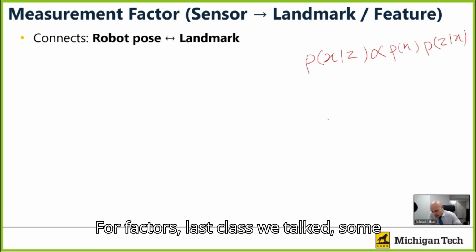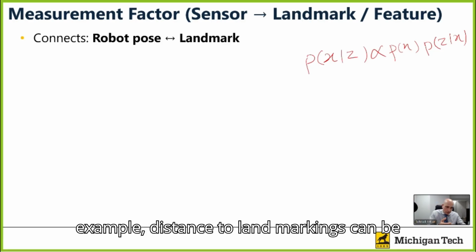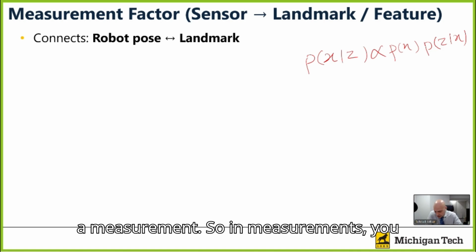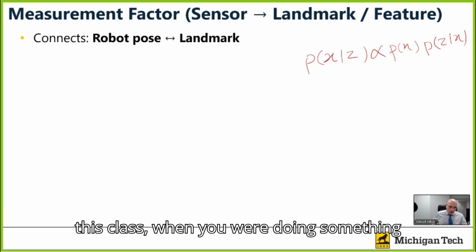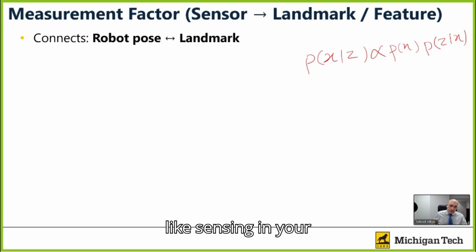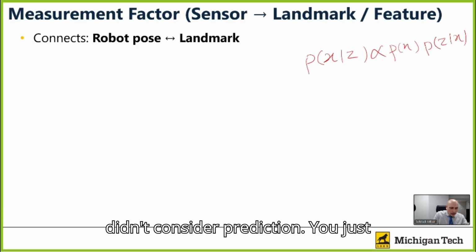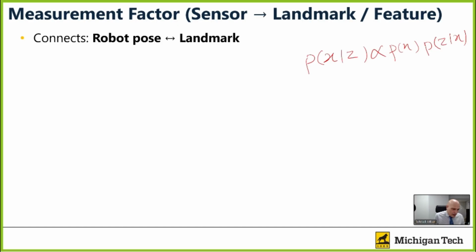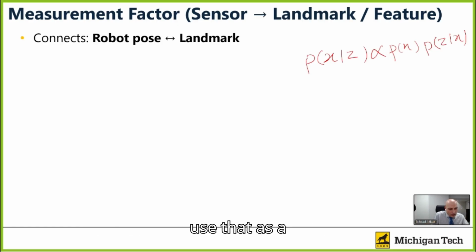For factors, last class we talked about how some factors are measurement factors, for example distance to landmarks can be a measurement. Maybe before this class, when you were doing something like sensing in your robotics class, you didn't consider prediction. You just used the sensor and measured the distance, that's it, and used that to make a decision.